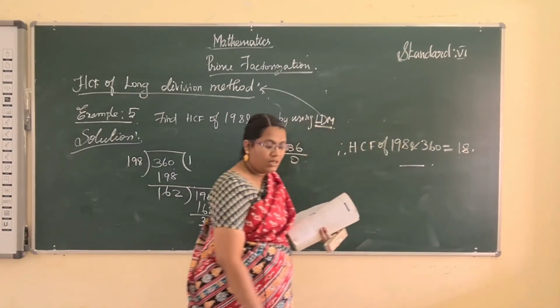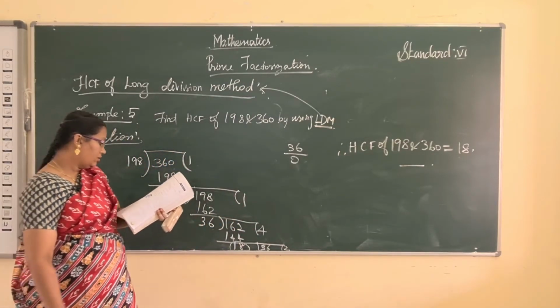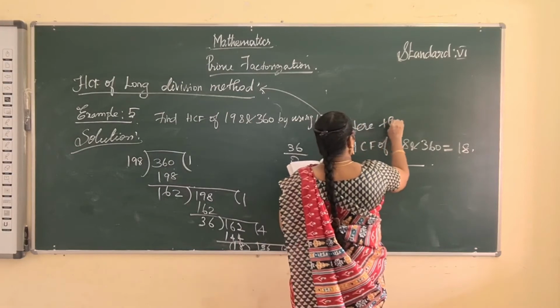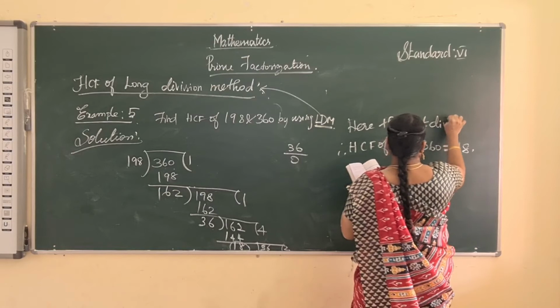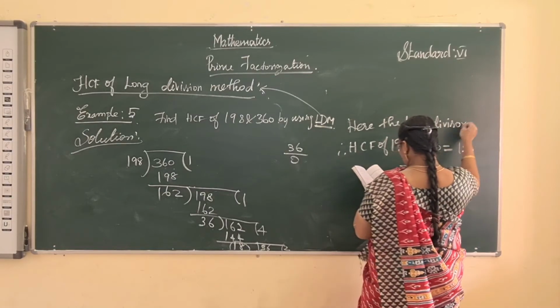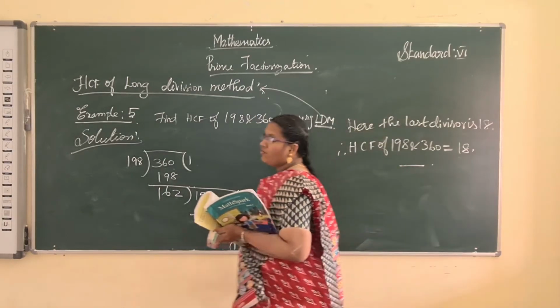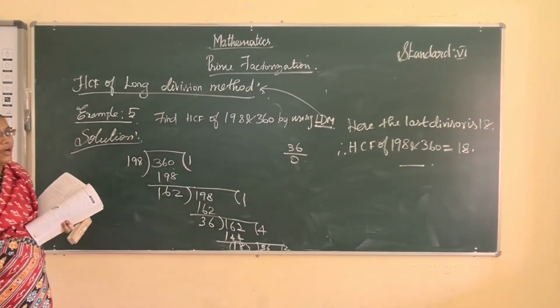That's it. This method is called the long division method. If you want, write the last divisor here. Don't forget it. The divisor is 18. Therefore, the HCF of 198 and 360 is 18.